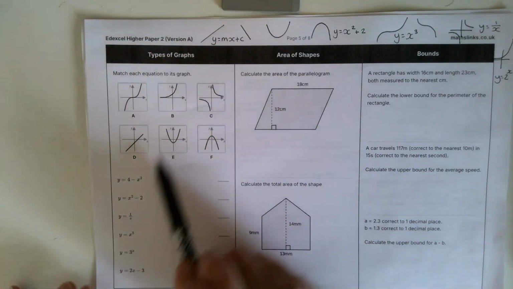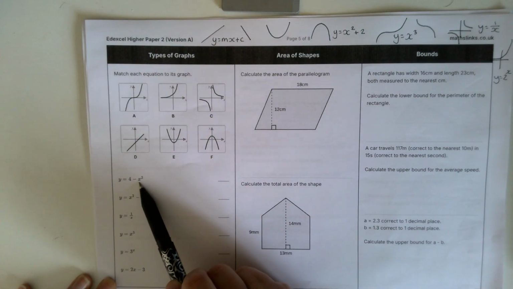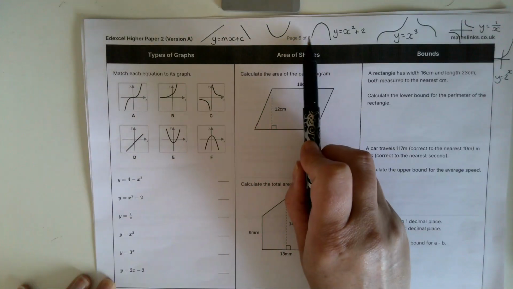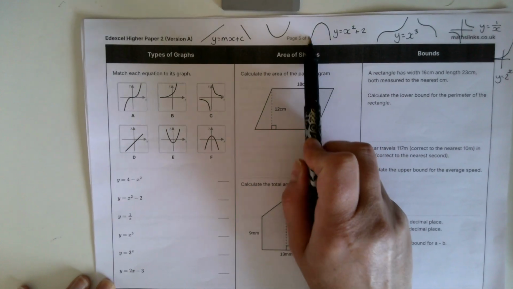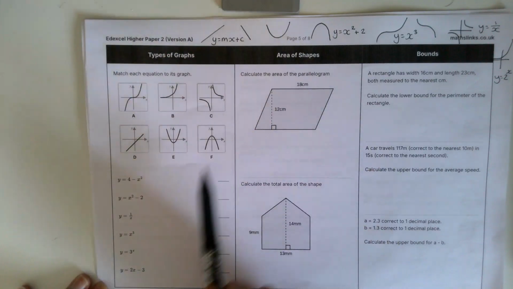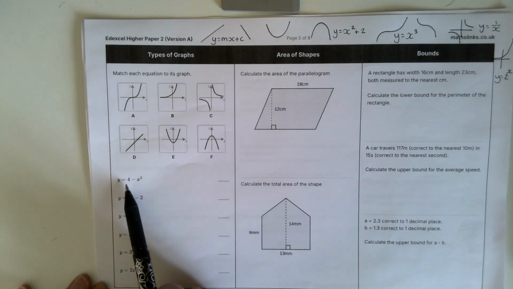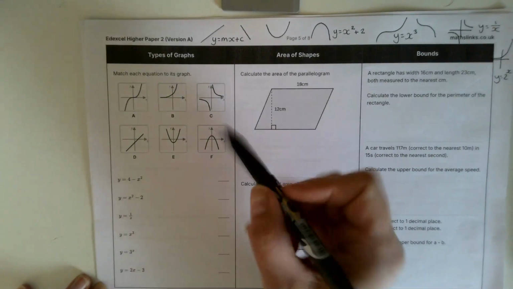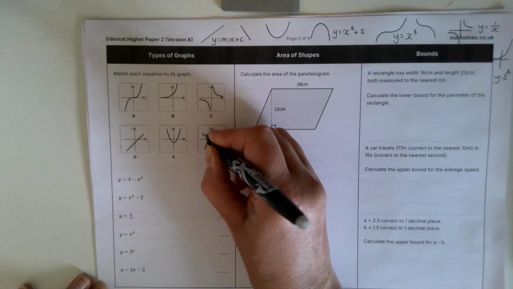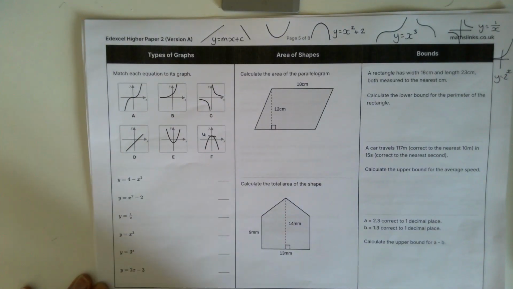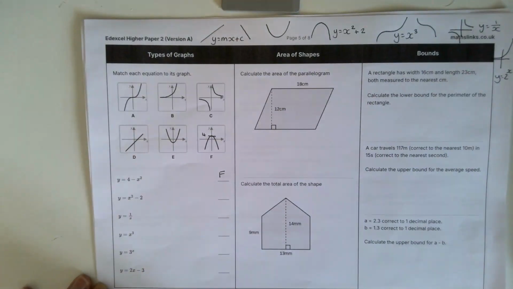Because there's a minus in front of the x squared, it means it's the upside down one. So you're looking for the upside down quadratic graph, and looking at these options, that's going to be F. That plus 4 there means it cuts at 4 on the y-axis. So that's going to be graph F.